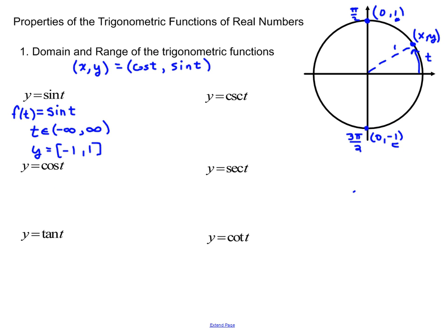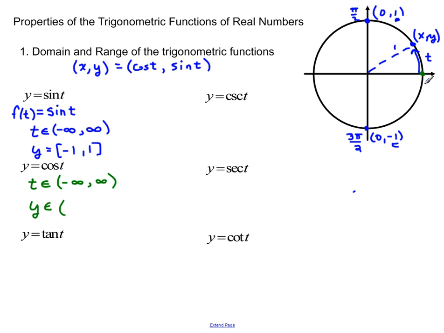Cosine's kind of similar. For cosine, if my function is cosine of t, then t could, again, be any real number. So anything from negative to positive infinity is a good match for the cosine function. But on the other hand, the value of the cosine of t would be limited by its largest and smallest values.